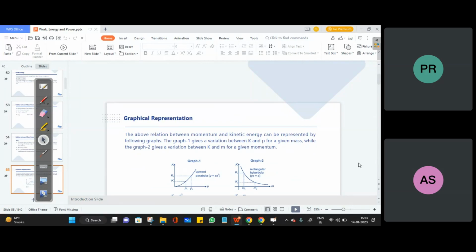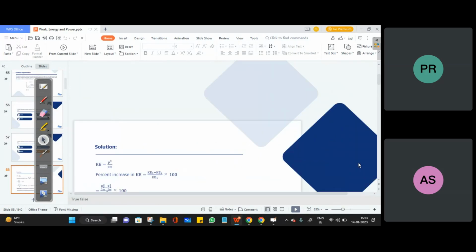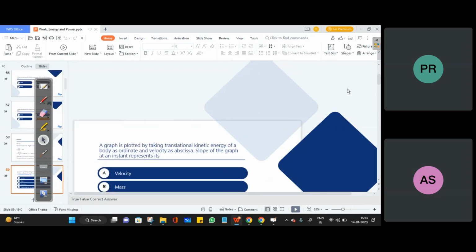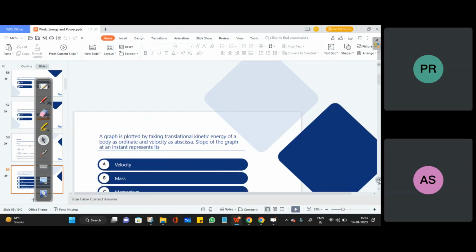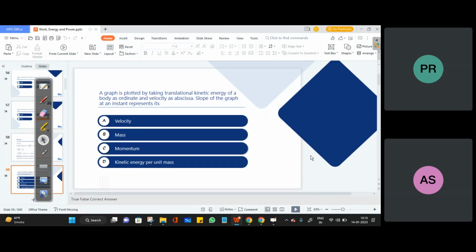Sir, kinetic energy is somewhat confusing. What is your confusion? Sir, how it is generating. Still, I'm not getting it. How it is coming in? Due to motion it is coming, sir.